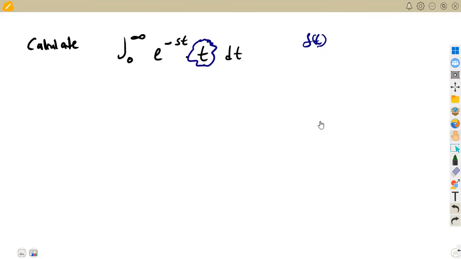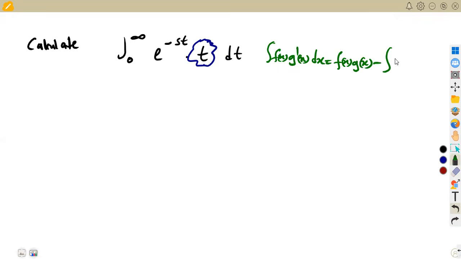We're supposed to think of our by parts concept in this case, whereby we know that from our by parts, we have the integral of f of x g prime x dx, which is equal to f of x times g of x minus the integral of f prime x times g of x dx.